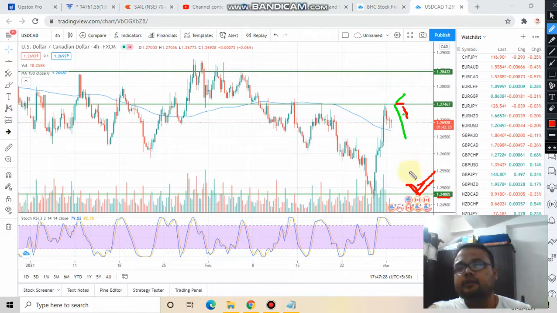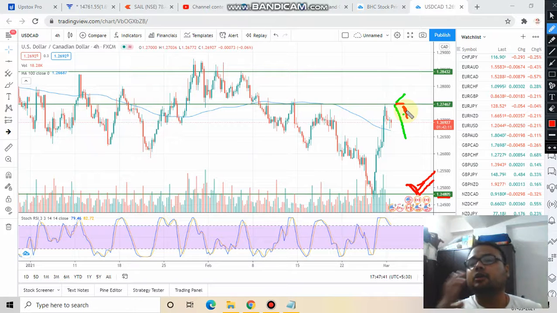And if you spot some heavy price rejection from above, if you see that sellers have started selling heavily at this level, then you can short the market here. But it should be supported by volume. Volume is required.